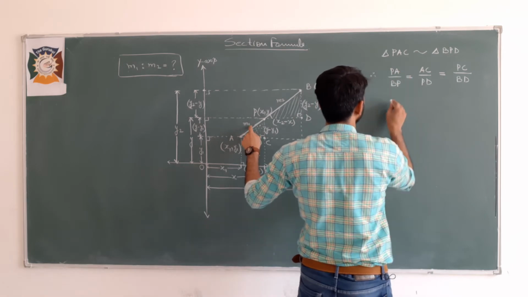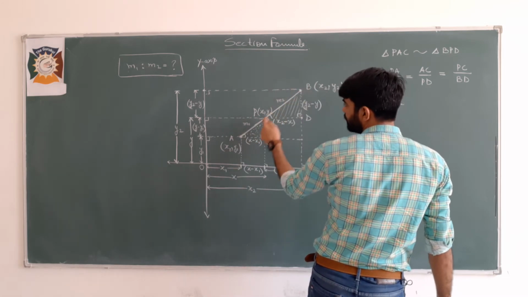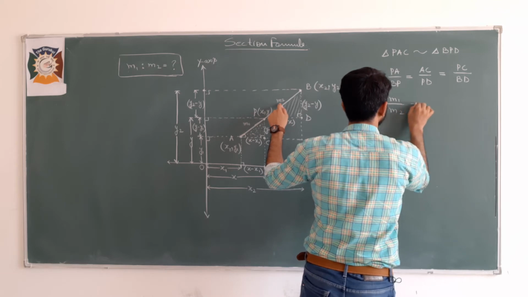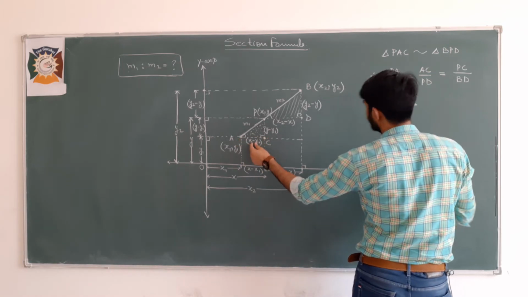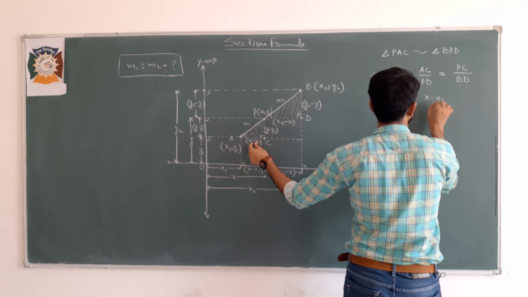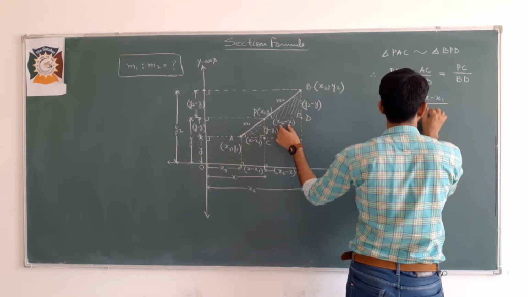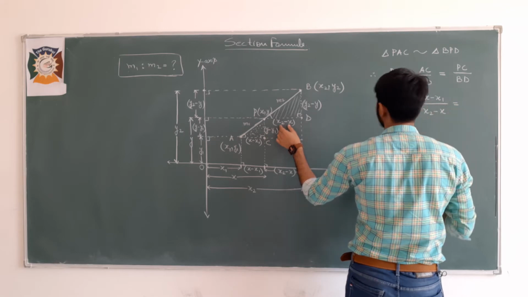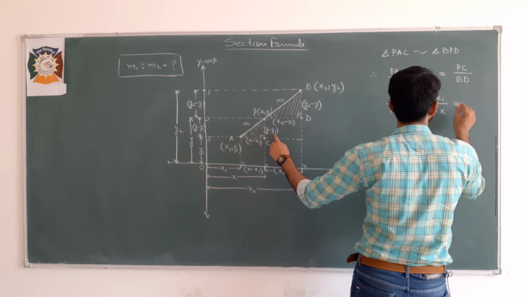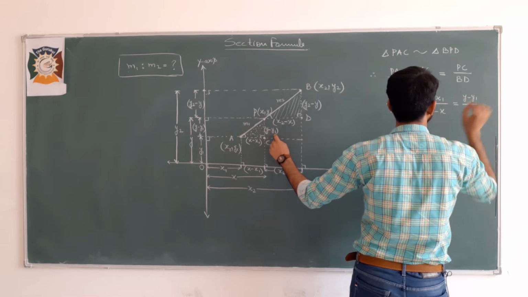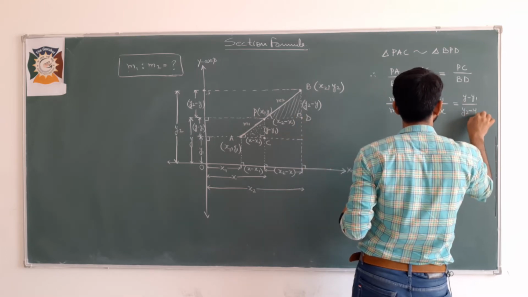PA means M1 by BP is M2, which is equal to AC is x minus x1 upon PD is x2 minus x, which is equal to, for y, PC, this one is y minus y1, y minus y1 upon this distance BD, y2 minus y.